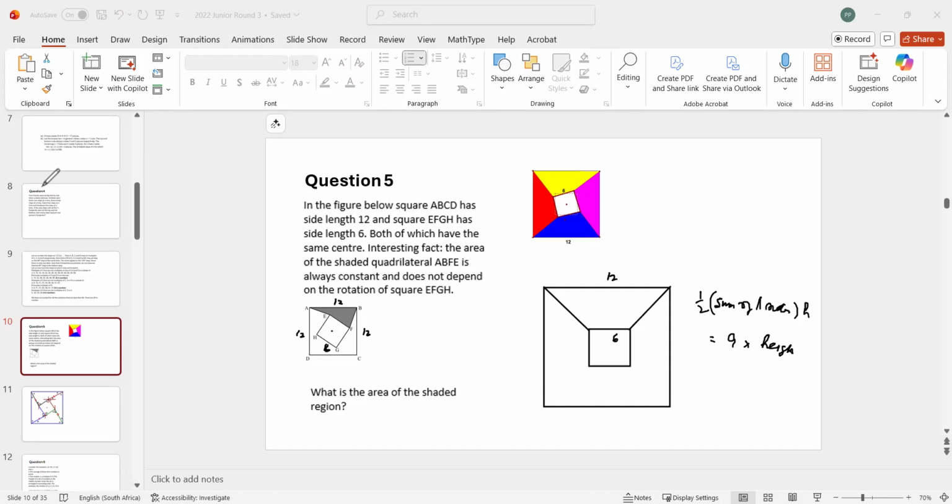Well, I think if I extend that line and extend this line, they've got the same center. So it means that these red lines are the same.